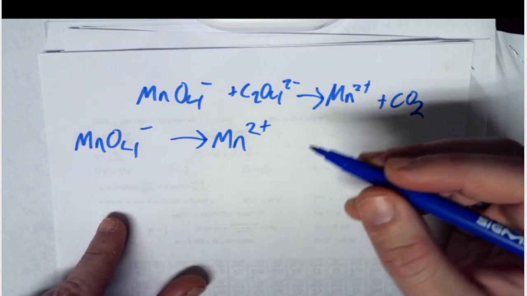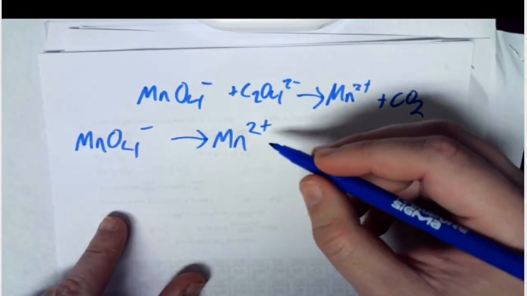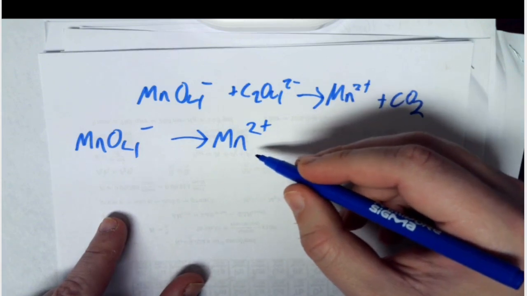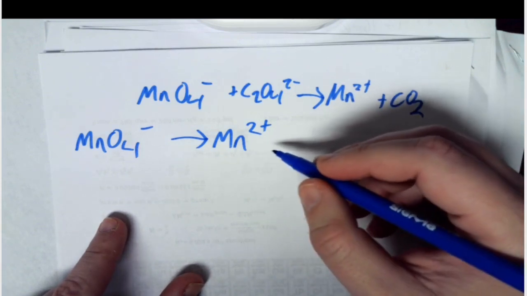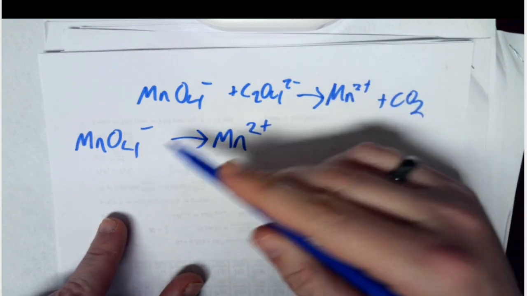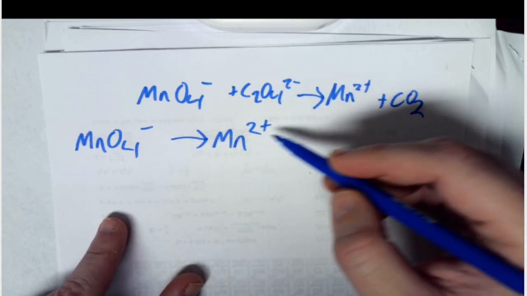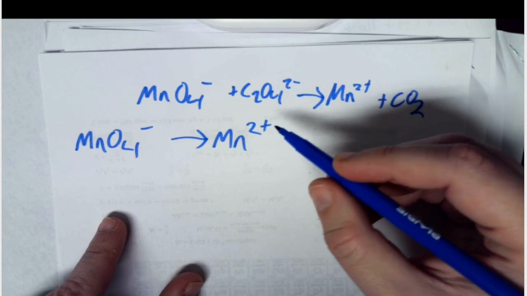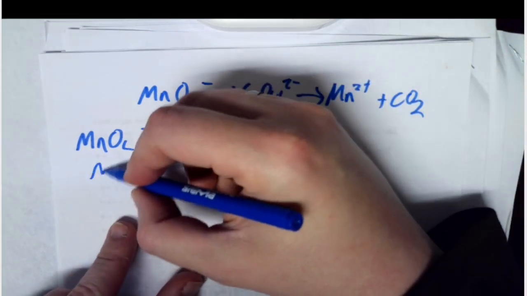One Mn, one Mn. I could easily balance the charges with electrons, but this is going to lose far more than just 3 electrons, so we've got to figure this out. Step 2 is we're going to add oxygen.